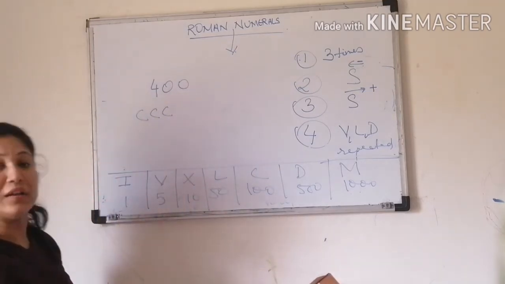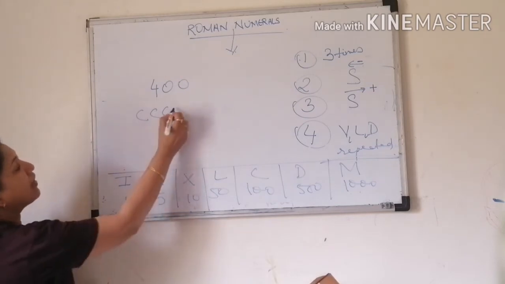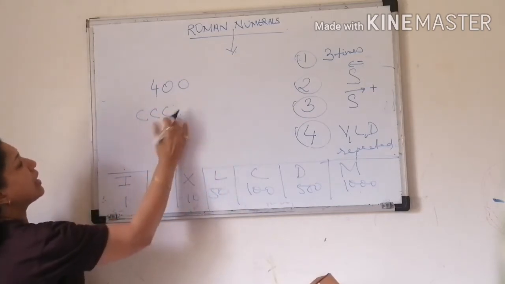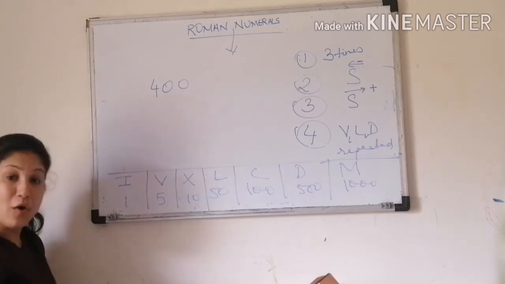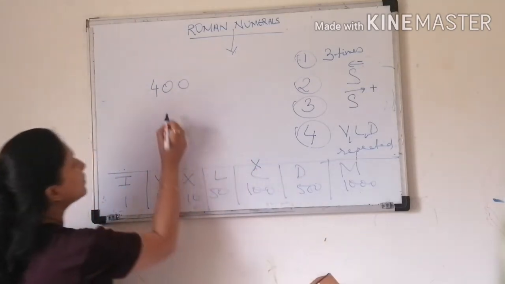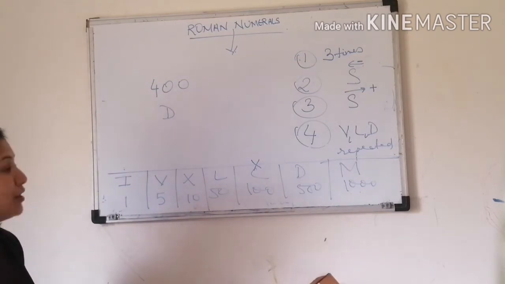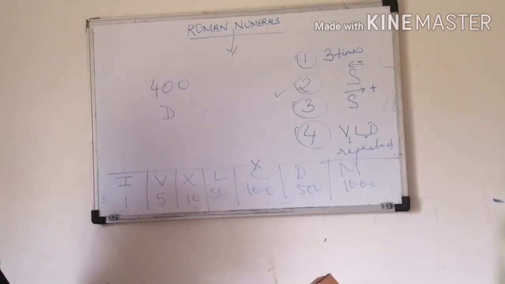So 300, that's all. Or more than that, you can take 5 and make it 305, or take L and make it 350. I want 400, so this option is not correct. I will take D, but D means, children, 500. So what should I do? Yes, my second rule will be applied here.